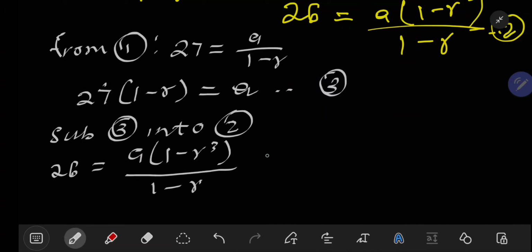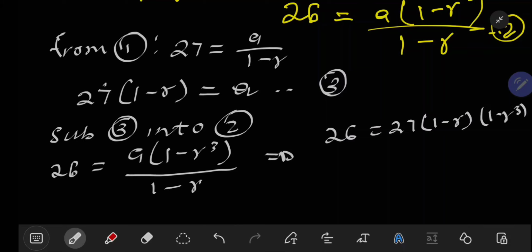So 26 is equal to 27 into 1 minus r, times 1 minus r cube, divided by 1 minus r.